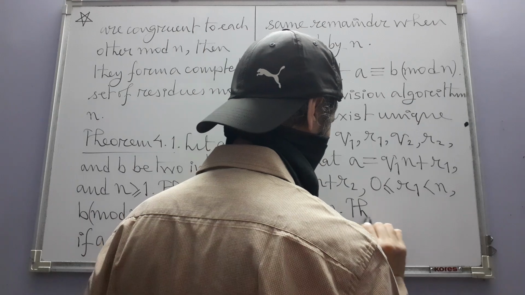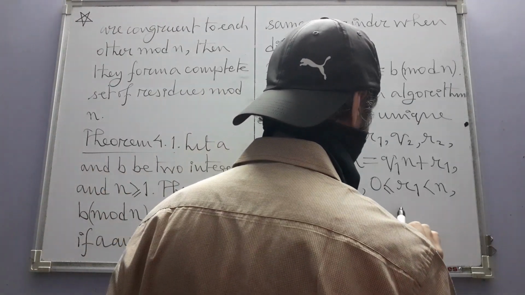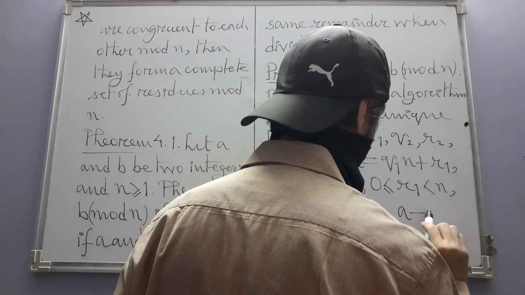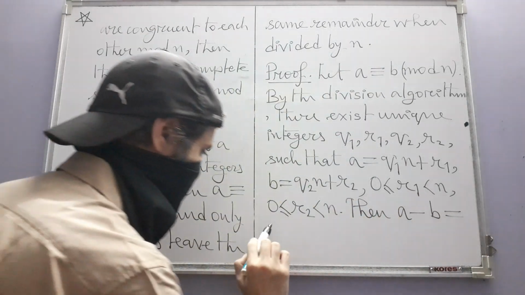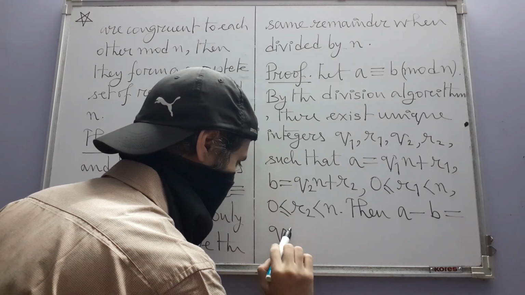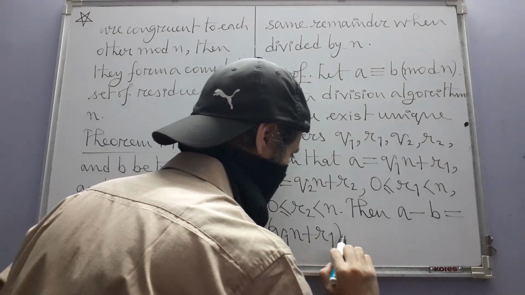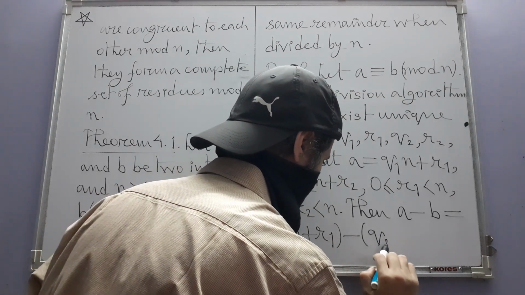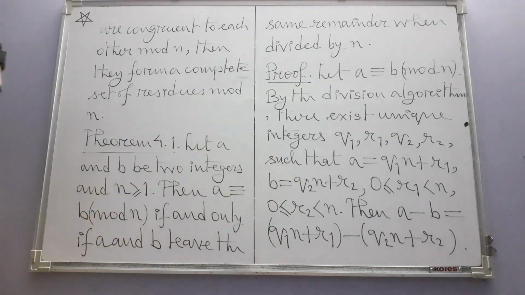Then you can calculate A minus B. A minus B will be what? Q1n plus R1 minus Q2n plus R2.